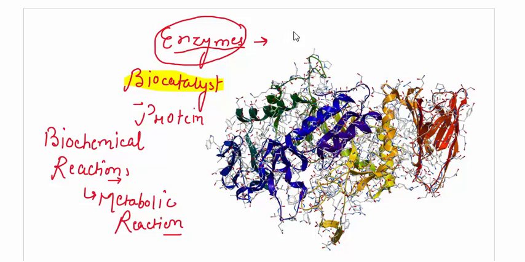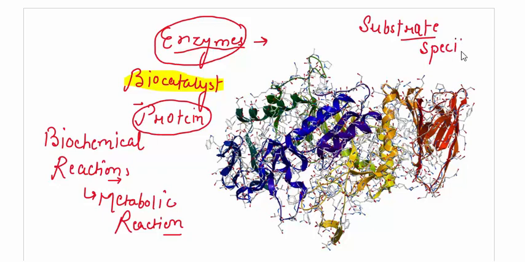Second, they are made up of protein, so they are very specific to temperature and pH, and also substrate specific. Suppose an enzyme works for carbohydrate, it will work for carbohydrate only. It will not work for protein or fat. That is the specificity of the enzyme that I am talking about.